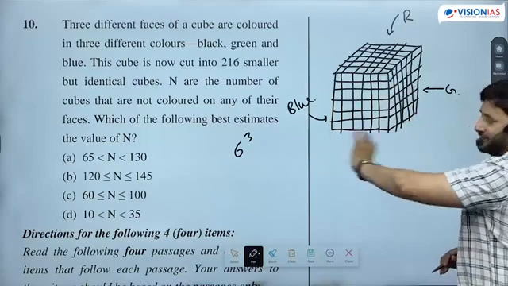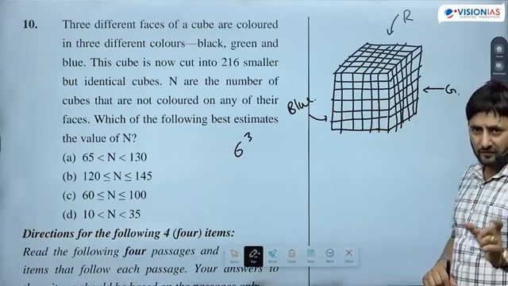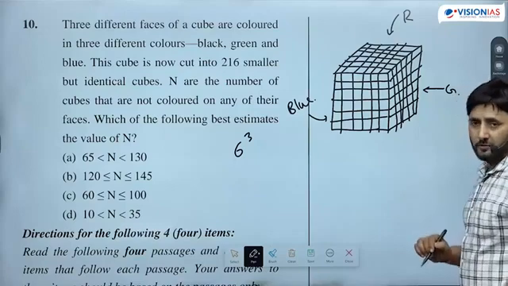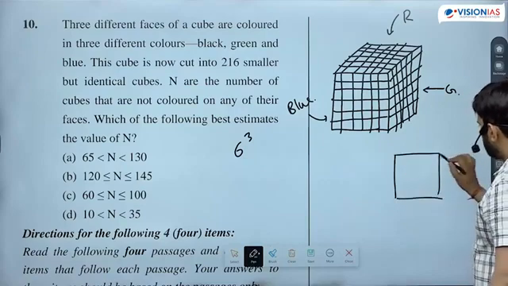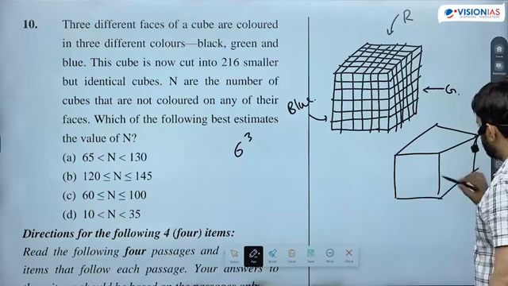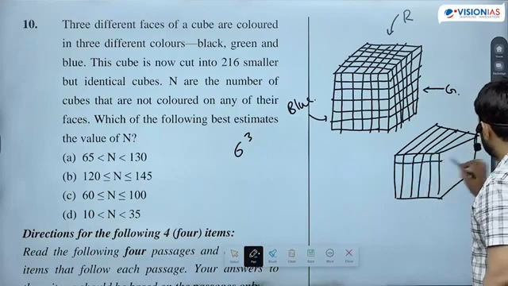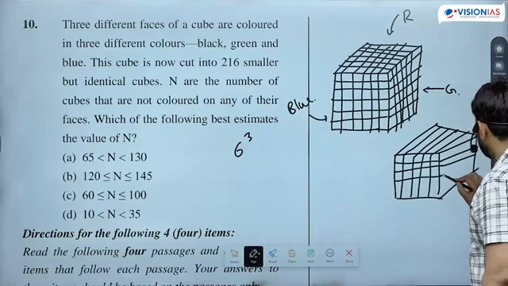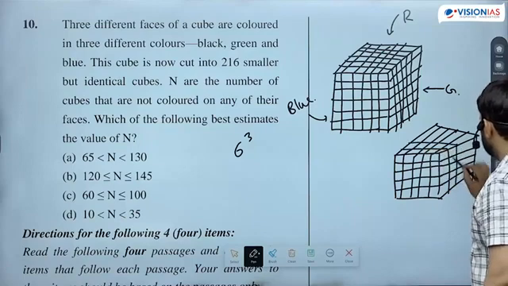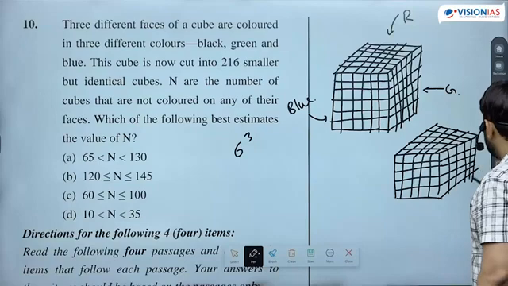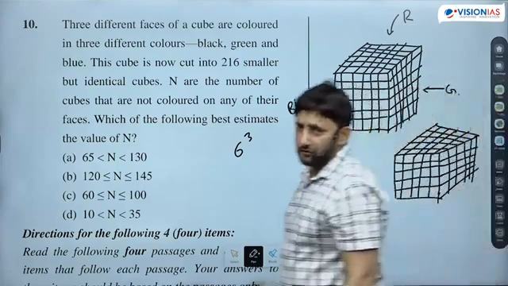So if we remove these, we will have a smaller cube whose length will be 5 units, breadth will be 5 units and height will also be 5 units. So in that, how many pieces will be there? 125, right. So after removing this we will get a piece. Now this piece is formed. Its height is 5, length is 5, breadth is 5. So how many pieces do not have a color at all now?